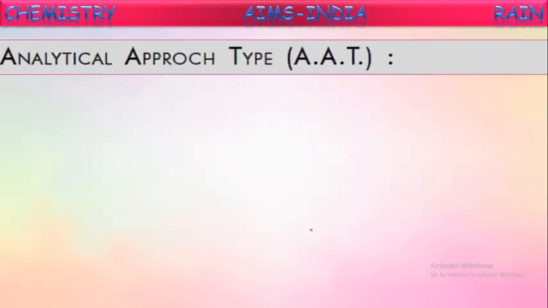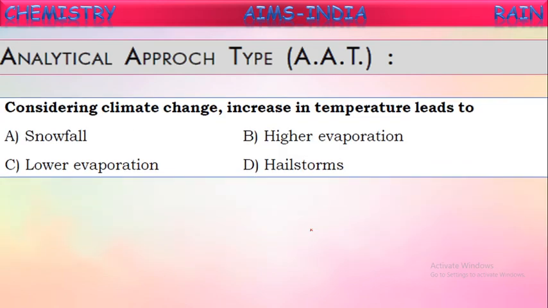Analytical approach type questions. Considering climate change, what happens if the temperature is increased? Will it cause a snowfall? No, if temperature increases, no snowfall will be there. When temperature is very cool, then only we can observe snowfall. So high evaporation occurs. What does evaporation mean?